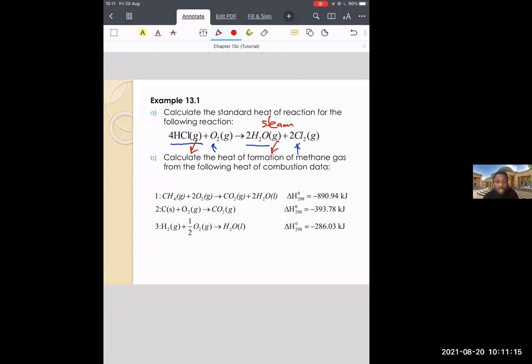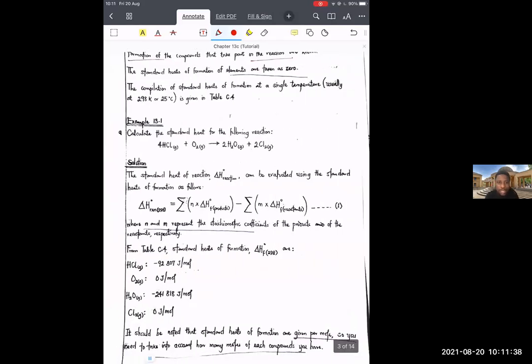It is essential to take note of that, because whenever a substance is in a different state, it has different characteristics and different properties. So that is why it is essential to take note of those states.